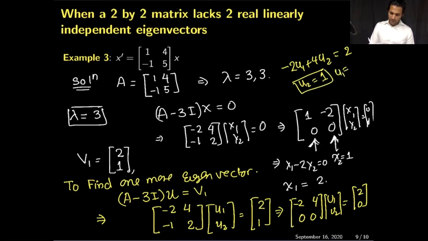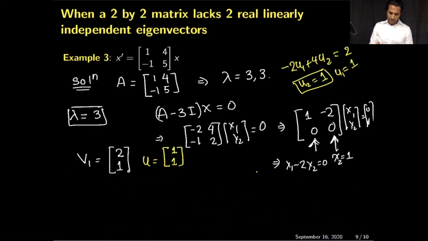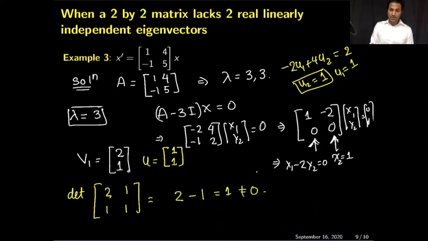So my u1 will also be 1. Therefore, my second vector is 1, 1. We can also verify that these vectors are linearly independent by computing the determinant of 2, 1, 1, 1. This is 2 minus 1, which is 1, not equal to 0. So these two vectors are linearly independent.